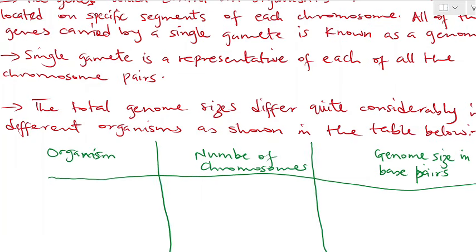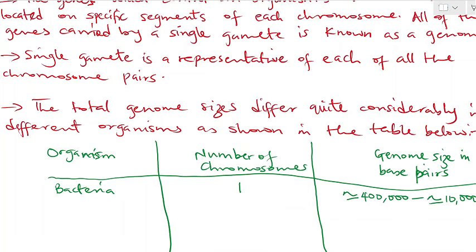Alright, so if we take the organism bacteria, we say that bacteria has just one chromosome. Okay, that means it's a unicellular organism, and it has approximately 400,000 to approximately 10 million base pairs.